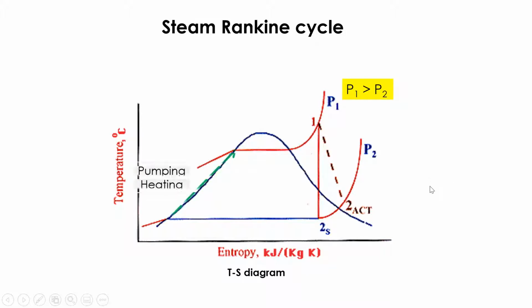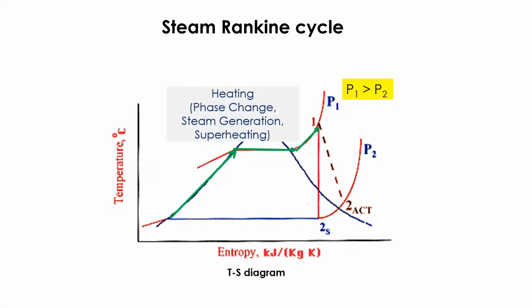So basically, first, this is the saturated water that is heated and then pressurized at a pressure of P1 here, in which P1 is higher than P2. The saturated water is then further heated to the saturation temperature, and then evaporated.